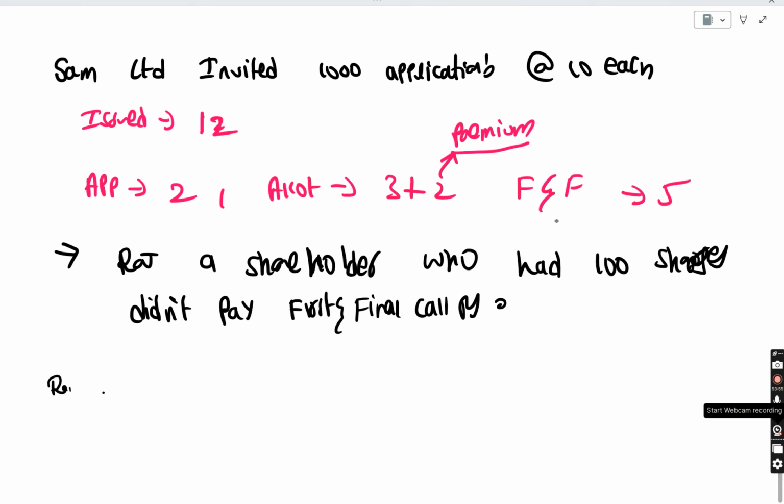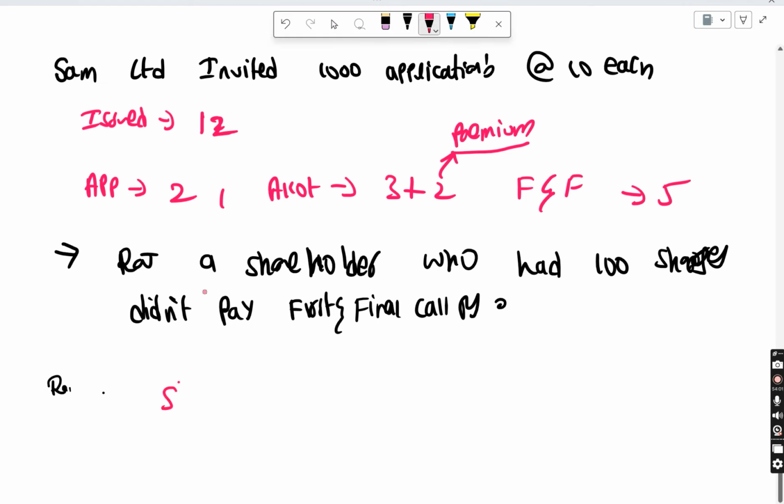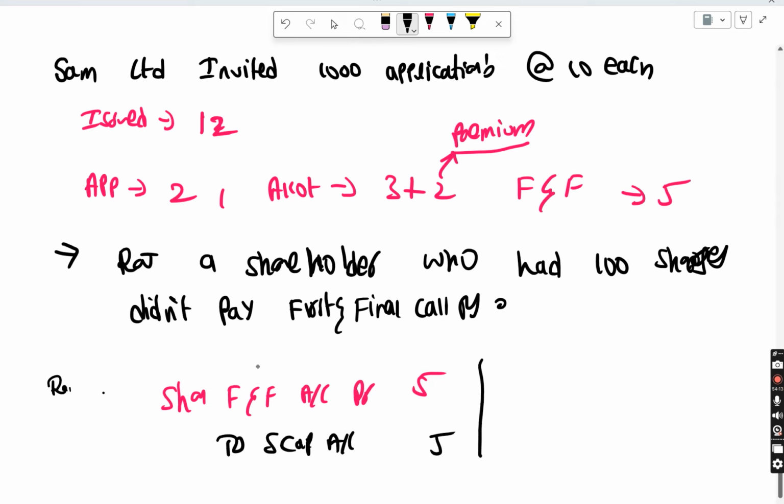Yes, sir. Okay. So just a second. So you said first one due entry will be share first and final call account debit 5 rupees to share capital account 5 rupees, right? Yes, sir. Now while writing the receipt entry, bank account debit. Now tell me how much money.